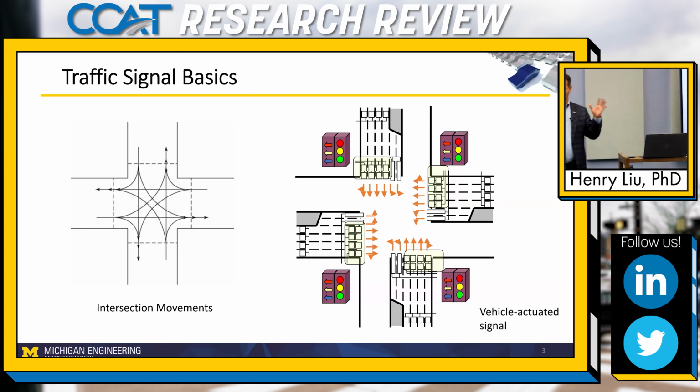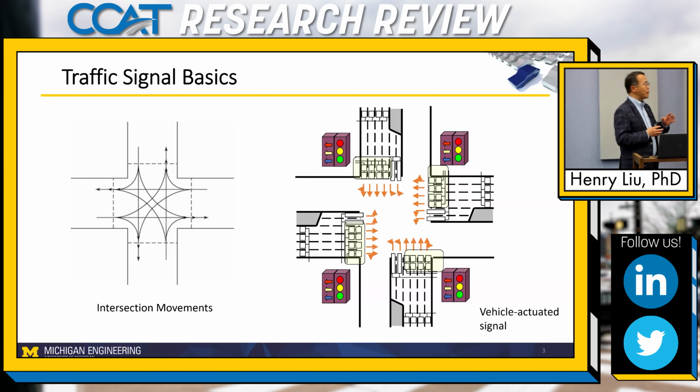For traffic signals, the basic idea is that these movements have conflicts, for example, the north-south through movement versus the east-west through movement, which obviously conflict with each other. So we schedule the movements sequentially, and in this way we can avoid the conflicts.